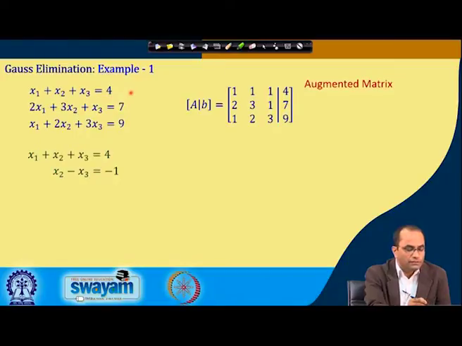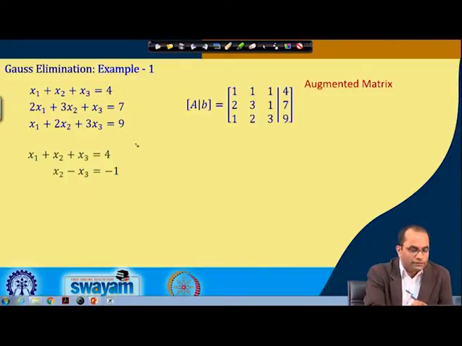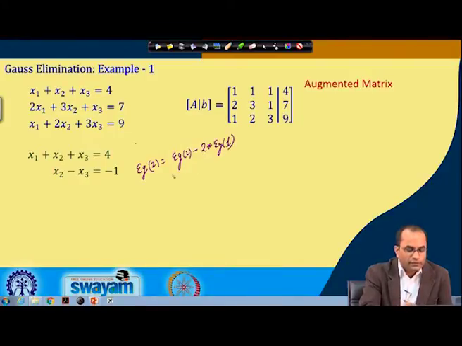If we multiply equation 1 by 2 and subtract it from equation number 2, then equation number 2 becomes equation 2 minus 2 times equation 1. We have done this manipulation here.